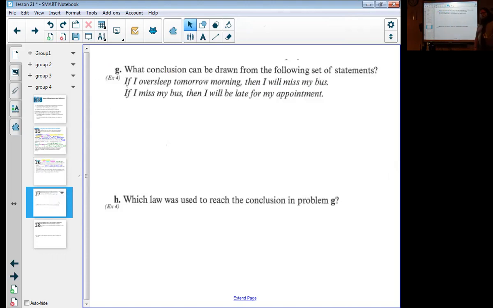All right, so back to the questions from the beginning of this part. What conclusion can be drawn from the following set of statements? This is asking what we have. So we have an if, then.